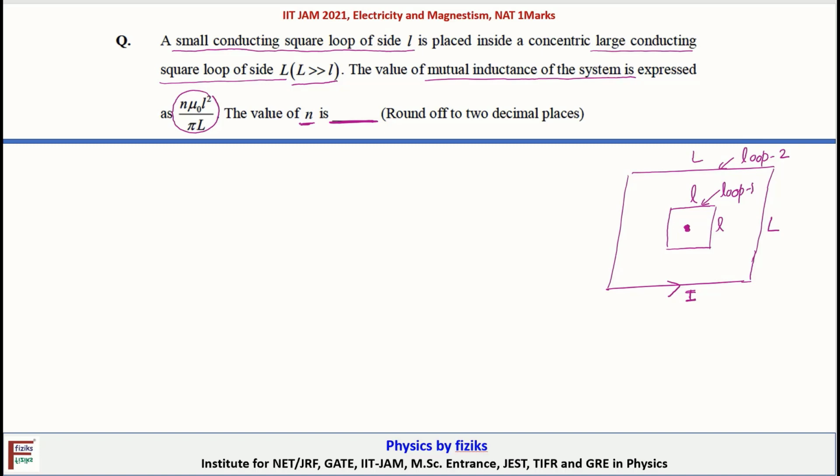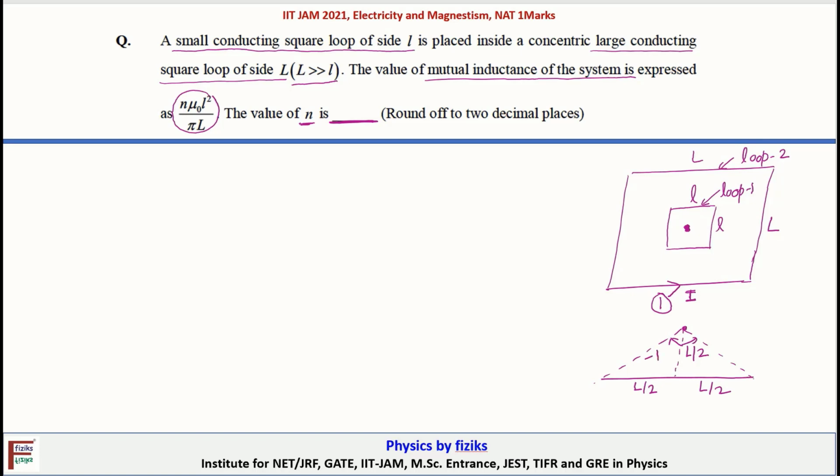So let's assume this is segment 1. Due to this segment, if we have to write the magnetic field at the center, this distance will be L by 2, and this will also be L by 2 and L by 2, and we have to see this angle.